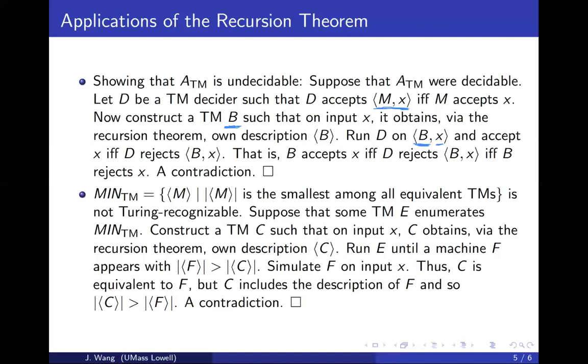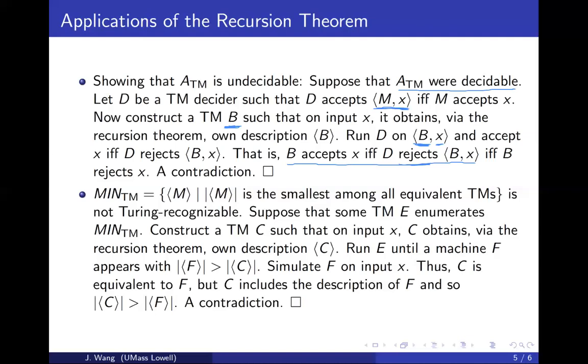That means B accepts X if and only if D rejects it. So when D rejects, it means B rejects X. So there is a contradiction. The contradiction points to the assumption that A sub TM is decidable being wrong. So that means A sub TM is not decidable.